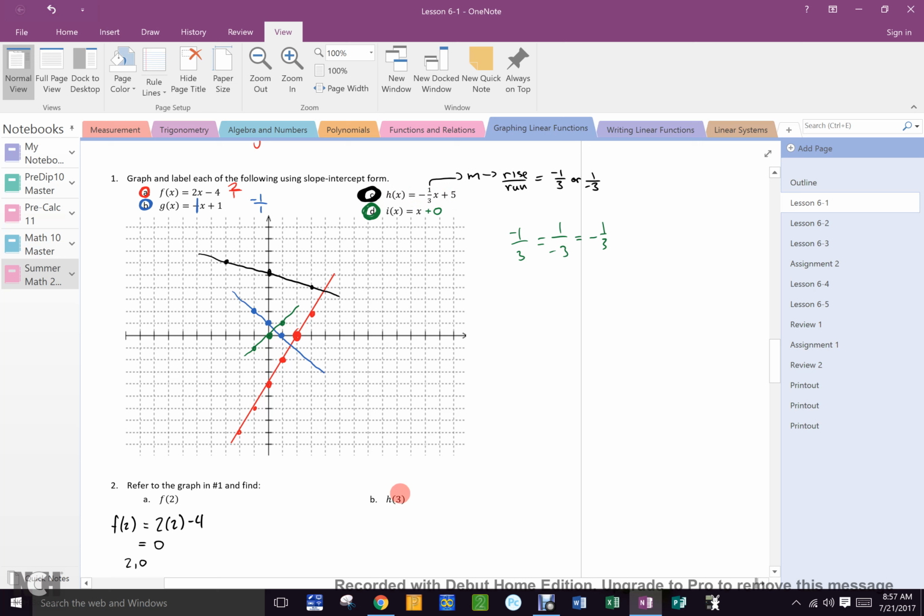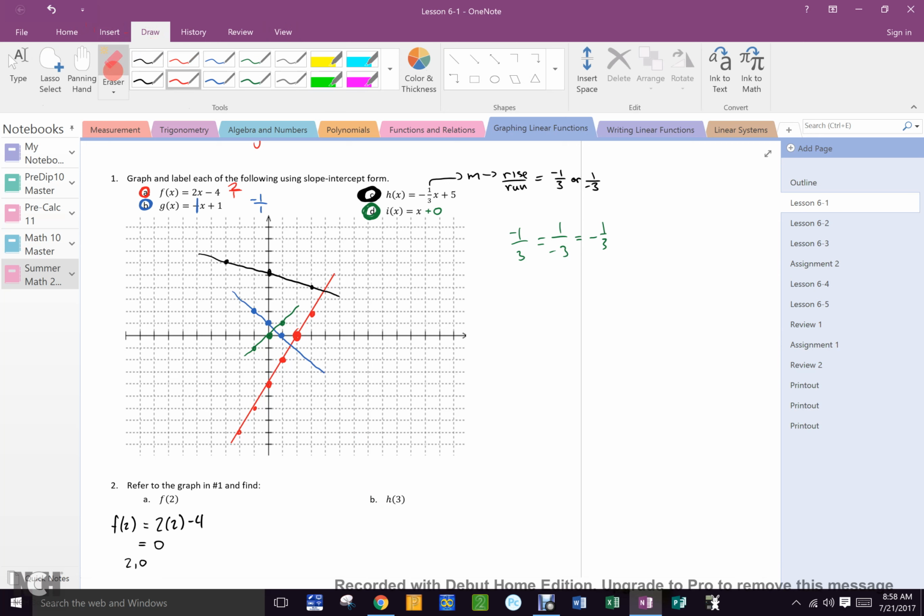H of 3 is -1/3 times 3 plus 5. What happens to those 3's? Cancel. -1 plus 5 is what? 4, right? So what is the ordered pair there? 3, 4. Let's check on the black line if 3, 4 exists.